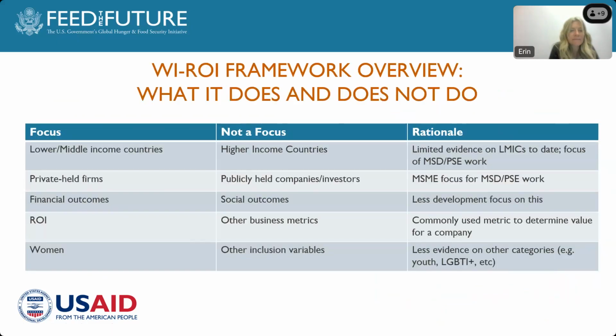So next slide. This is just a quick thing on what the framework is trying to do and not trying to do. I can let people read this, but I already went through some of this. Really the framework is trying to outline financial outcomes for firms. So we're actually not trying to outline and measure the social outcomes for firms. This isn't to say that it isn't important, because of course it is, and you'll see that some of our future work is actually going to focus on this.